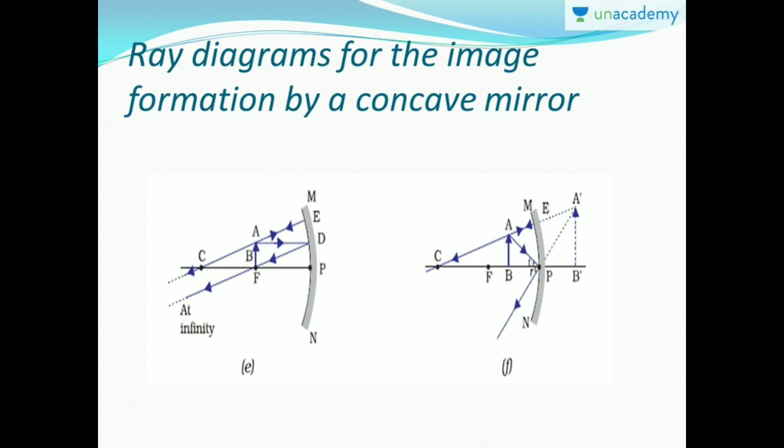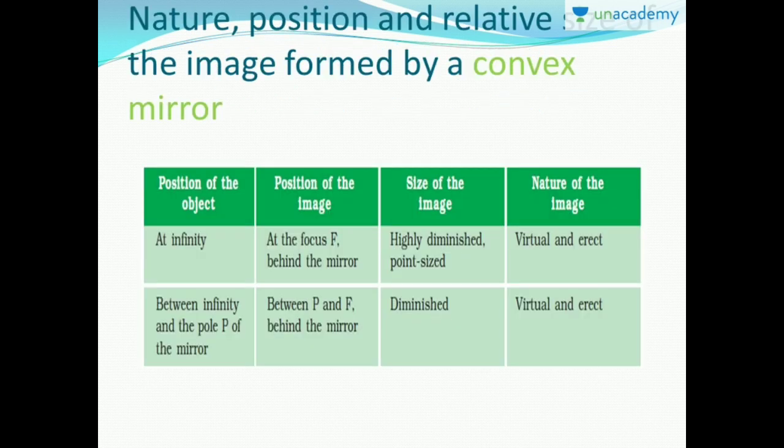Now moving on to the case of the convex mirror. In the convex case, we have only two cases. When the position of the object is at infinity, the image will be at the focus but behind the mirror, and the size of the image will be highly diminished and point sized.